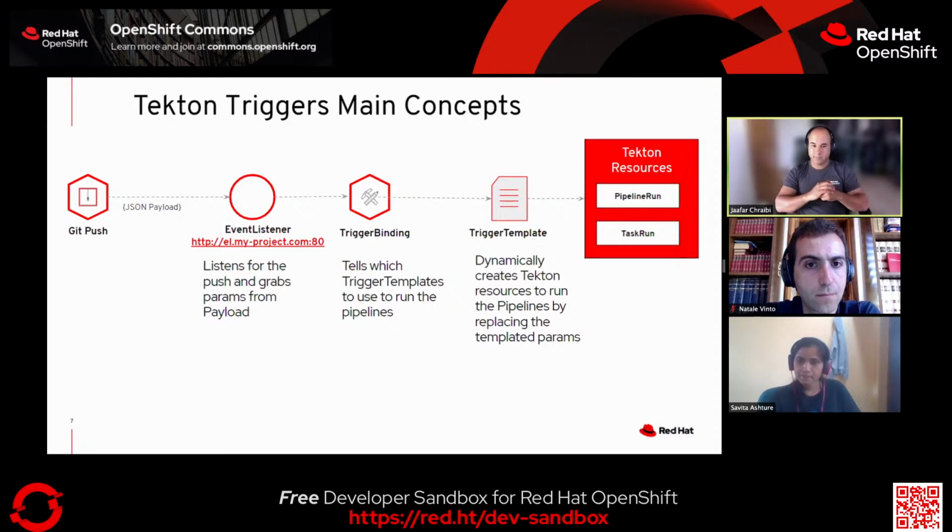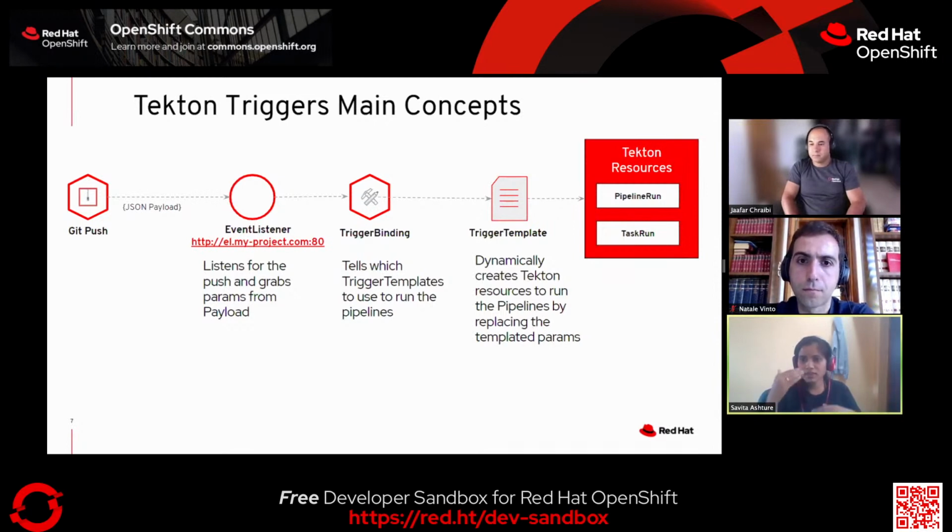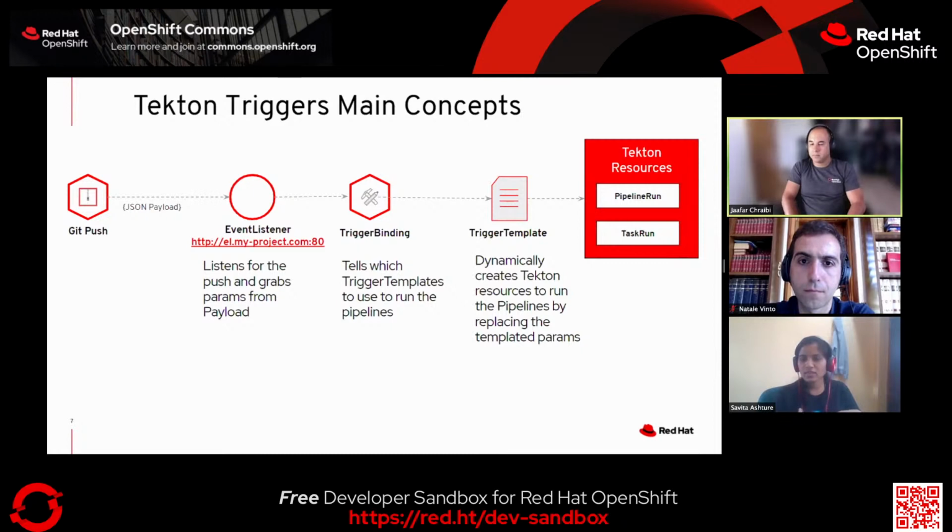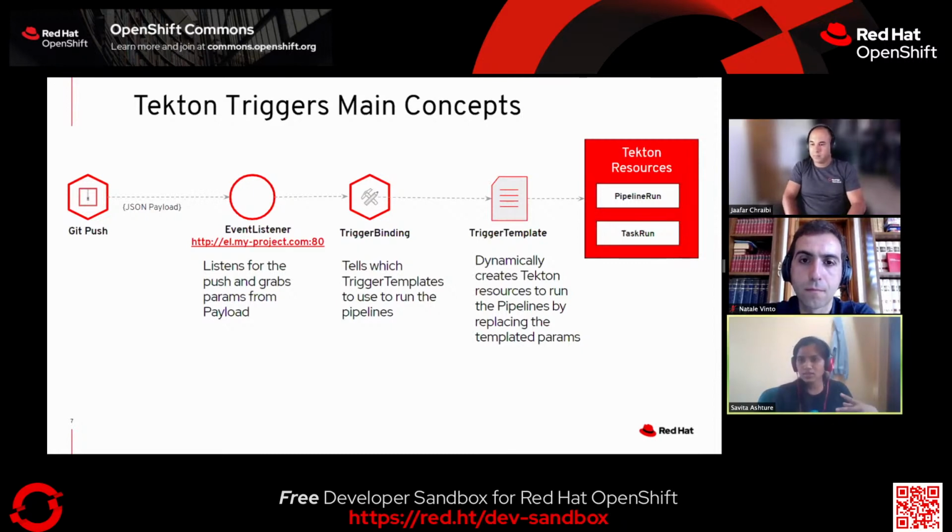Okay. Yeah. So basically, it's a Kubernetes pod. When we create an event listener custom resource, it internally creates one pod which keeps on running, and also creates a service, so that's the reason we get the URL in the event listener, so that we can use that URL and send the event.